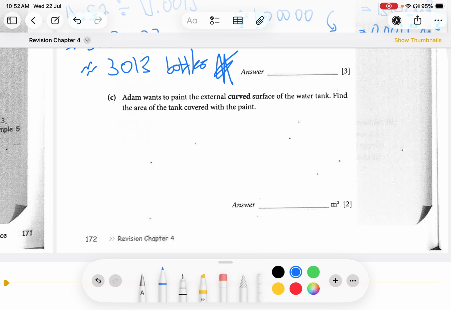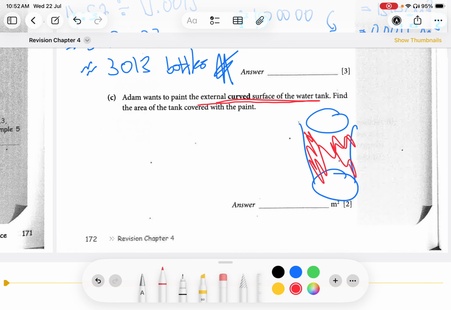Then you want to paint the external curved surface area of the water tank. The external curve is which part? The tank is like this. The external curve is only the part that you hold at the side, same as the part where you hold a Coca-Cola can. The side that you hold is the curved surface. So what is the area of that?